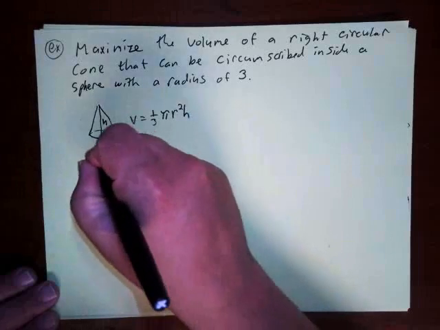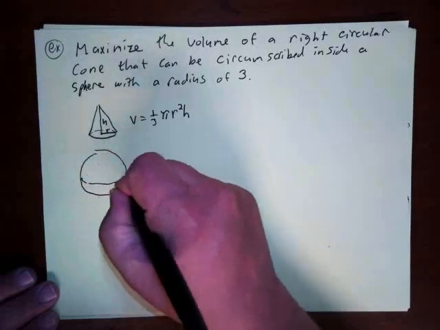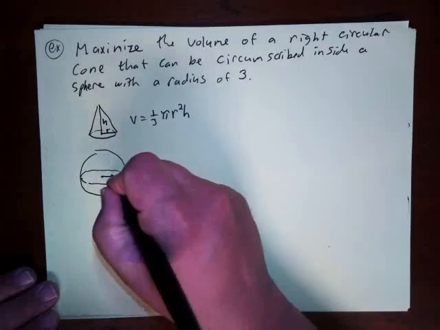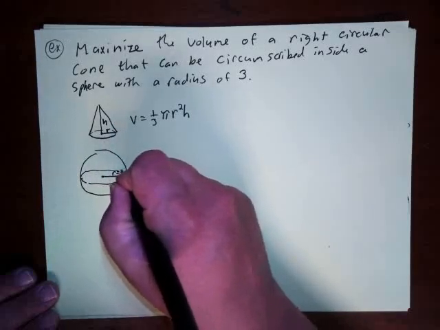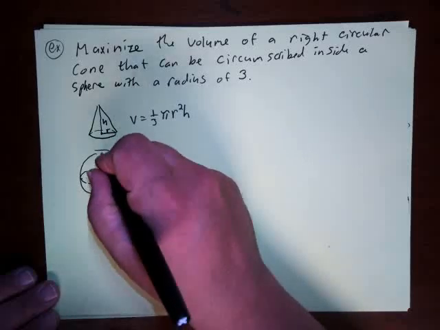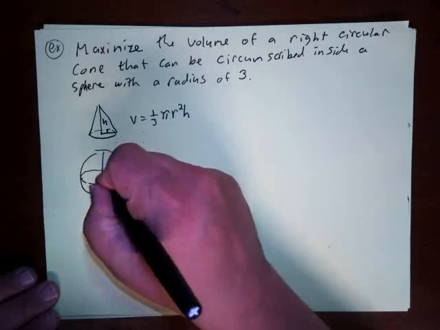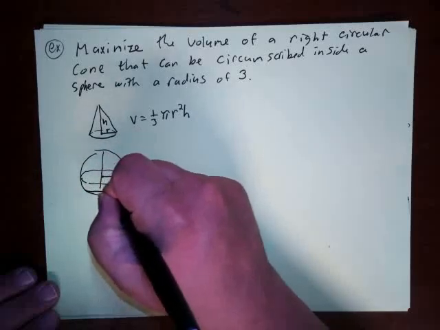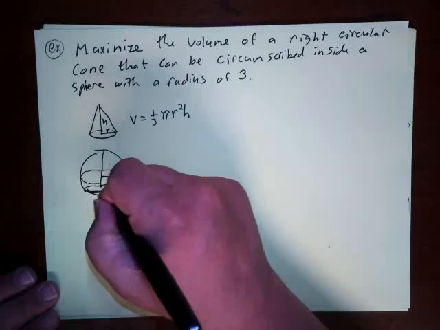I don't know how well I can draw this, but you have a sphere. The radius is equal to 3, and you have this cone that has a certain height, and this would be a cross section.